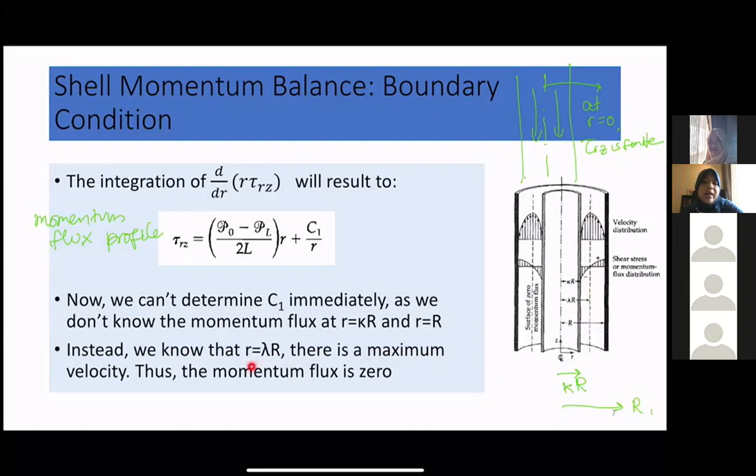So let's say at lambda r there's maximum velocity, so the momentum flux is 0. Now we know the boundary condition. The first one would be at r equal to lambda r, tau rz equal to 0. We don't know where lambda r is, but it should be somewhere along the fluid over here.